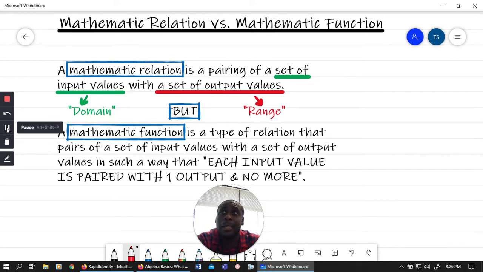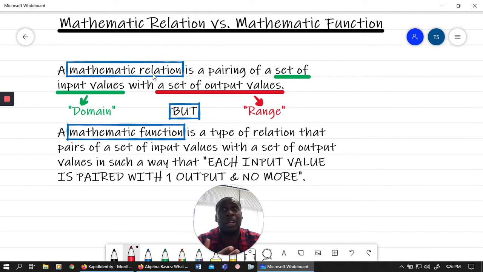Alright, so he did a phenomenal job of explaining all that. I just want to have this written for you here. Again, he explained pretty much what a function is in mathematics, but I just want to go in and say there's a difference between a mathematic relation and a mathematic function. When he was talking about a pairing between 2 sets of things, really what he was talking about is a mathematic relation.